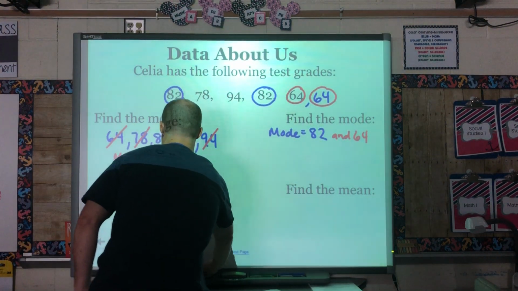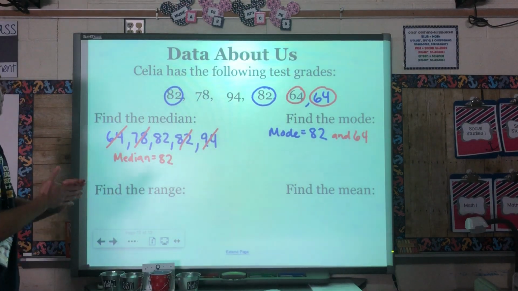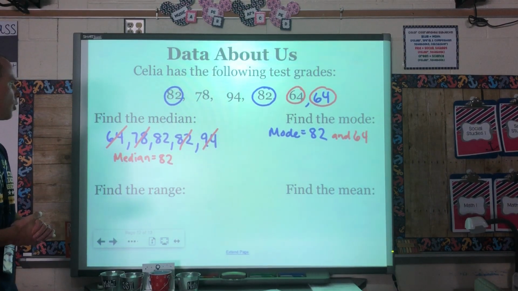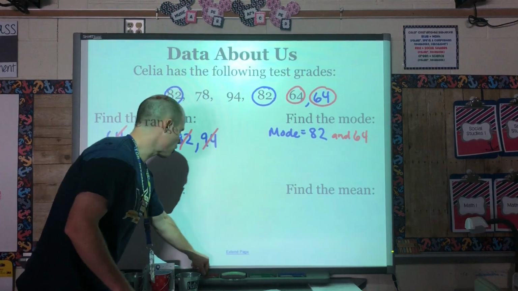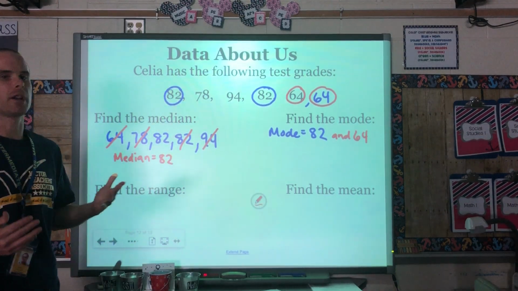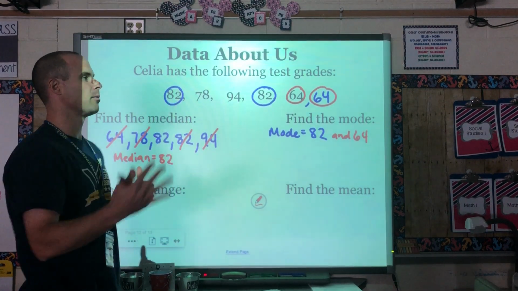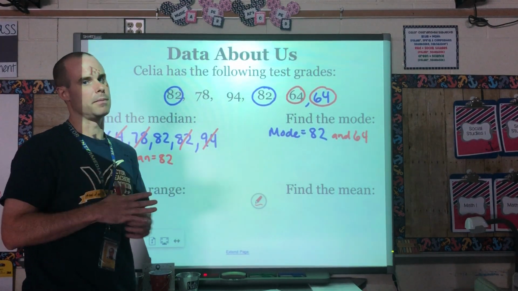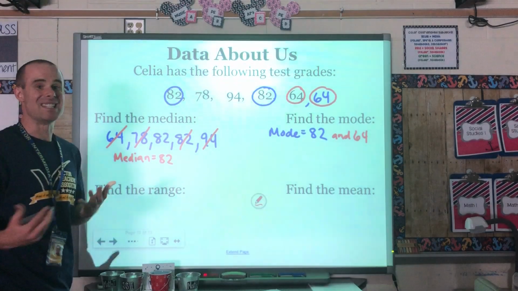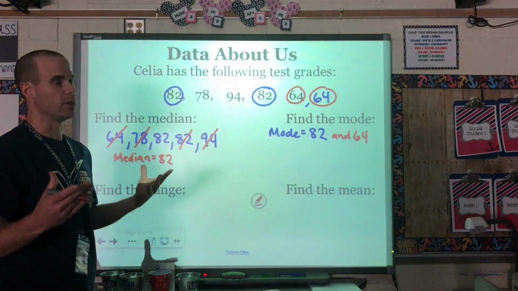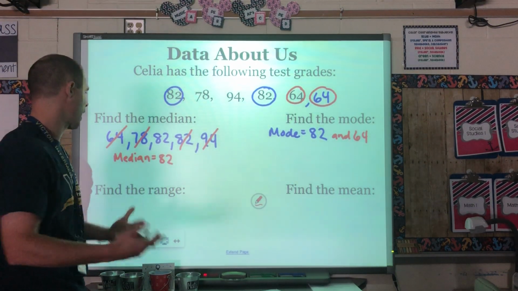Okay. The next thing we're going to look at is finding the range. When we're talking about range, we're talking about the difference between our maximum data value and our minimum data value. If we want to find the difference between two values, we're using subtraction.